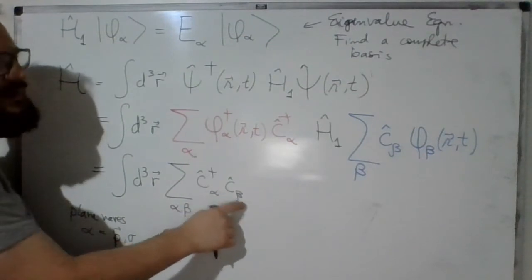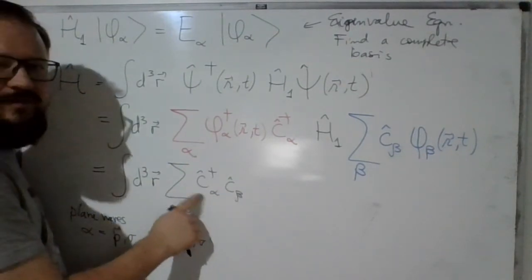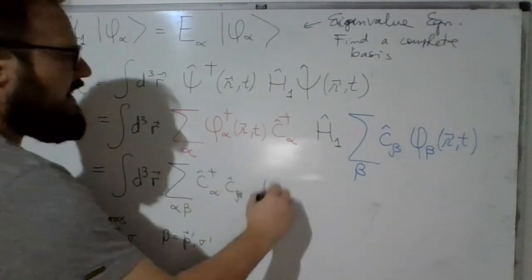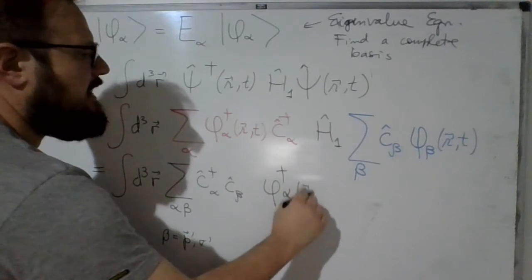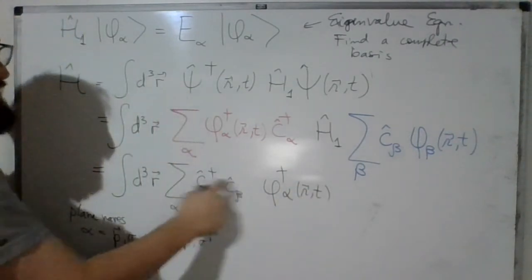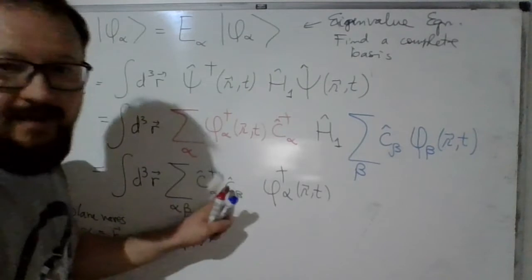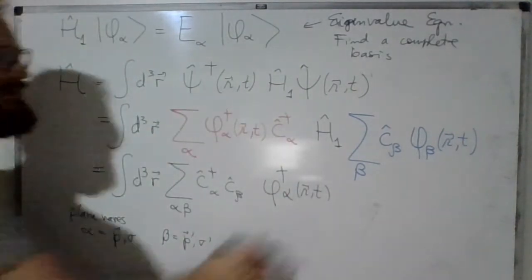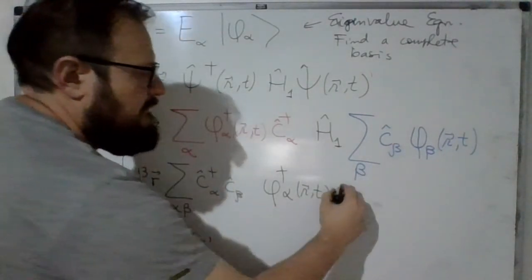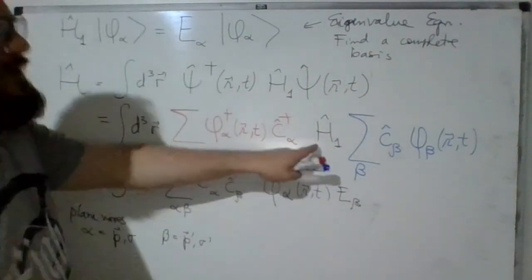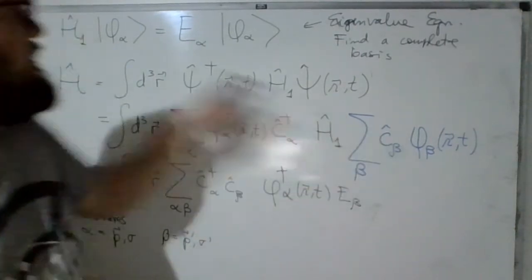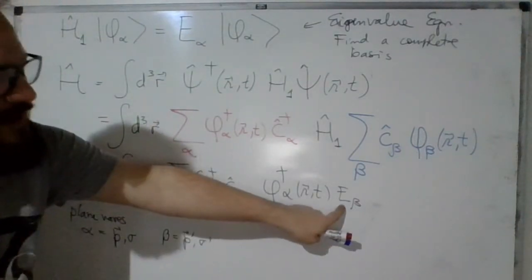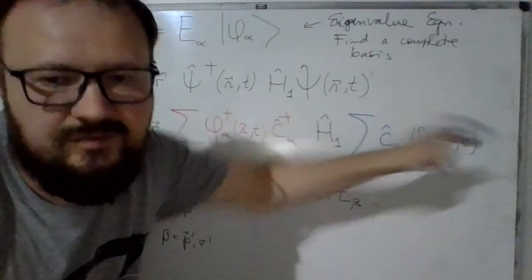So this annihilates in the state beta. This creates a particle in the state alpha. So we have phi dagger alpha of R and T. We could just bring the time dependence to these operators, it will be no problem. Times the energy of the state beta, because when you apply H1 to phi beta, it's just the energy eigenvalue equation, so it produces the energy of the state beta because it's applied to the right.